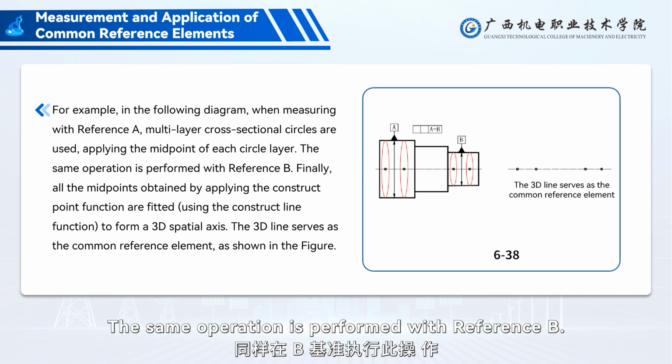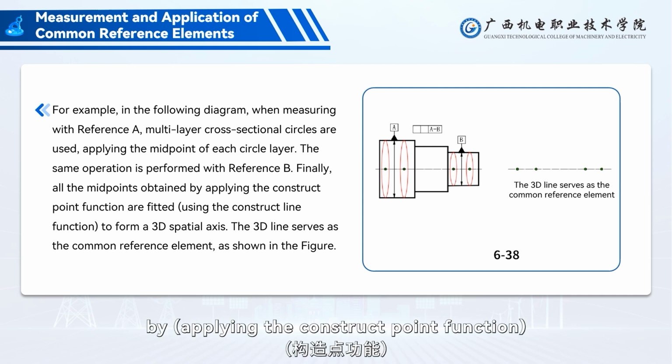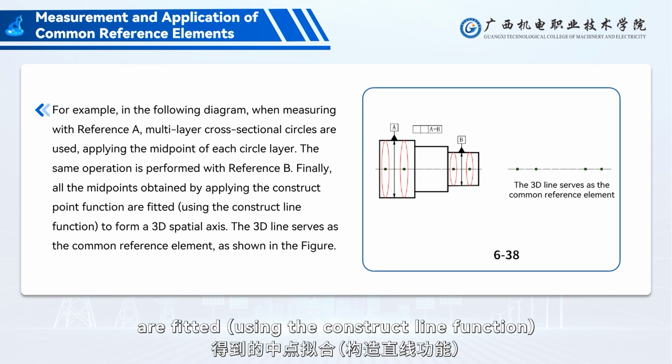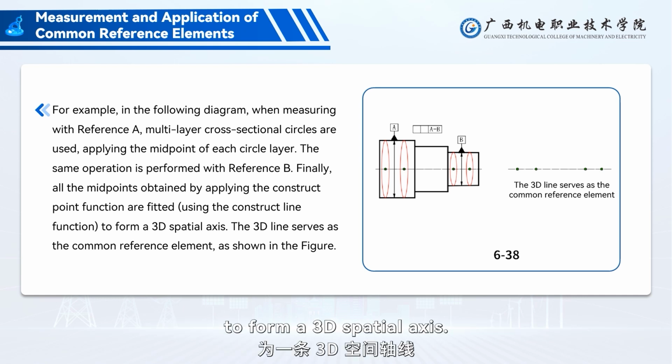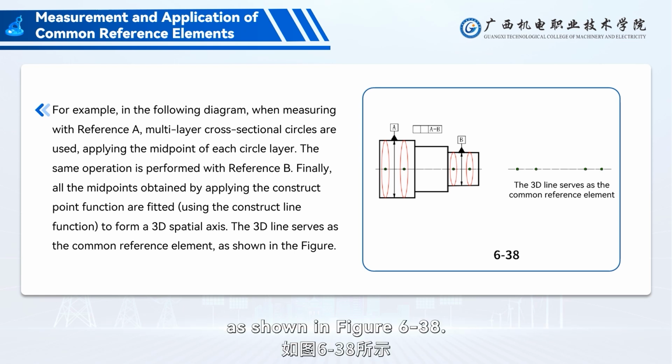The same operation is performed with reference B. Finally, all the midpoints obtained by applying the construct point function are fitted, using the construct line function, to form a 3D spatial axis. The 3D line serves as the common reference element, as shown in Figure 6.38.